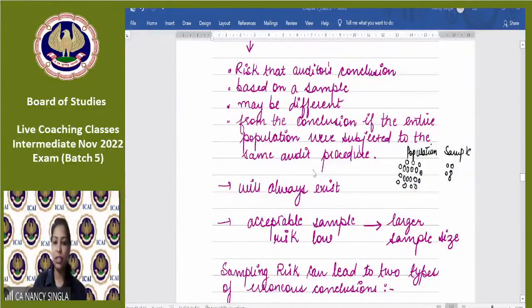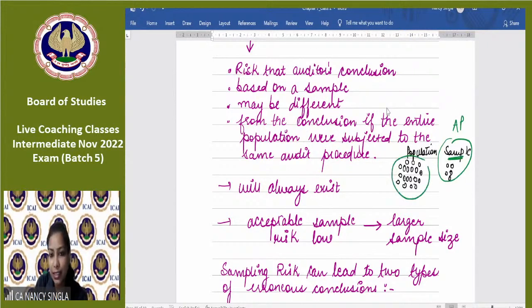What is the definition? It basically says that we will first try to understand this with the help of this definition: whatever audit procedures the auditor has applied on the sample. I've made this as a population. Out of this population, a sample is selected. Whatever audit procedures the auditor applied on the sample, he drew a certain conclusion. The conclusion was what had to be drawn, right?